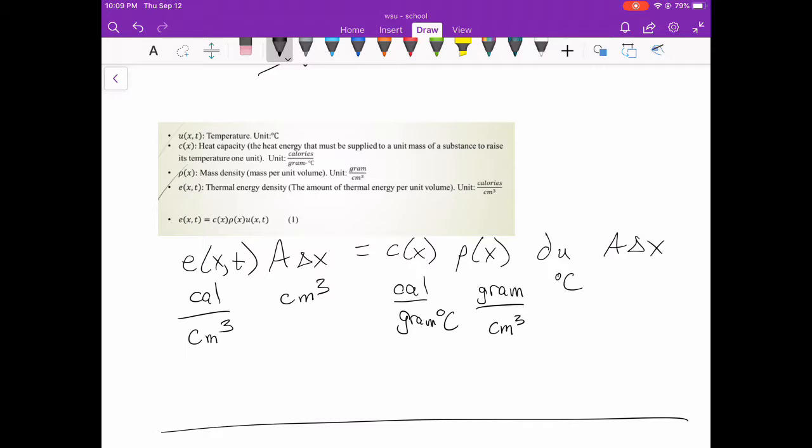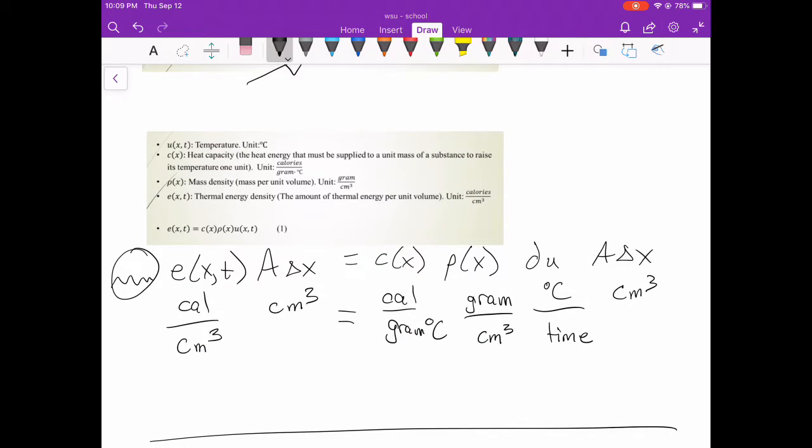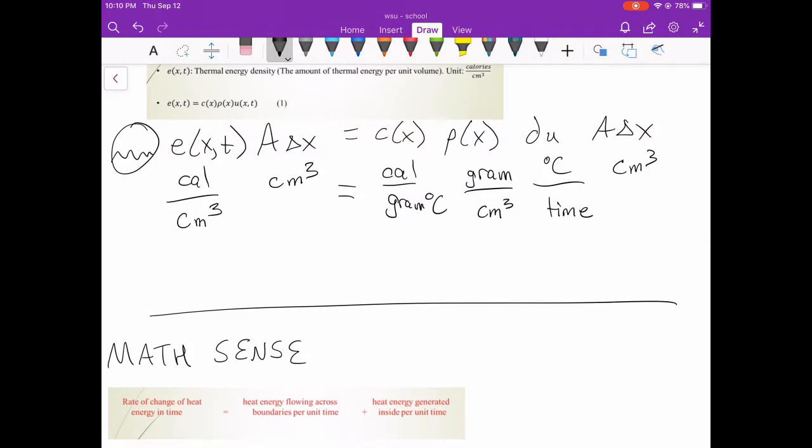And this would be the degree Celsius per time again if you took the derivative, and that's per cubic centimeter. So without the stuff in front of that E, these units make sense. But if you throw in what she had, the heat capacity and the density on the left side, then it would throw off the units. That's why I'm thinking that's wrong. It might have just been a copy error.